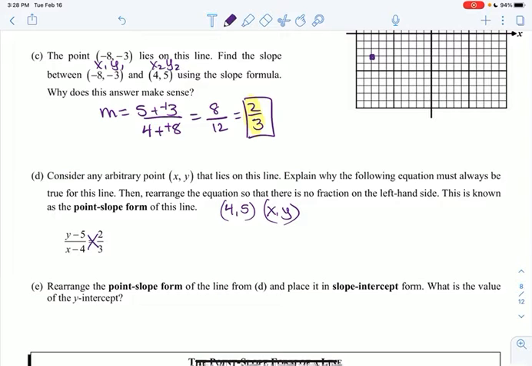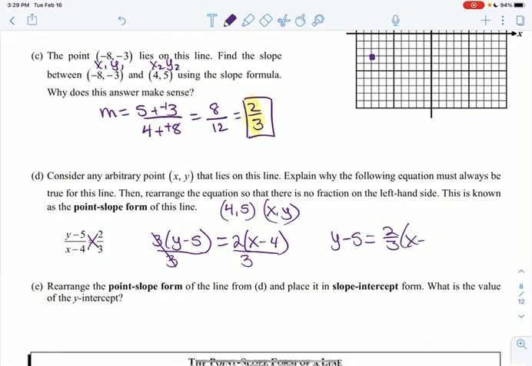So I'm going to cross multiply. Now when I cross multiply, that 3 is technically multiplied by the whole thing. So it's multiplied by the y and the -5, although I'm not going to actually distribute it. And the 2 is multiplied by the x and the -4. Now, all I'm going to do is divide by 3. Okay, and that leaves me with y minus 5 equals 2/3 times x minus 4.